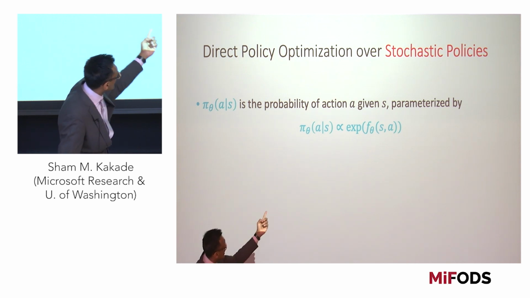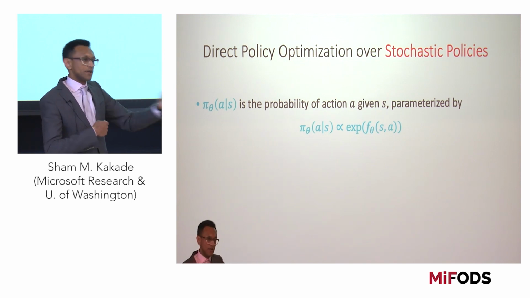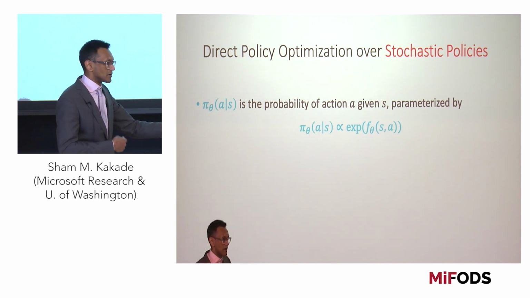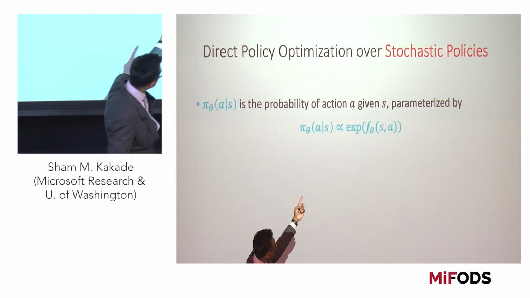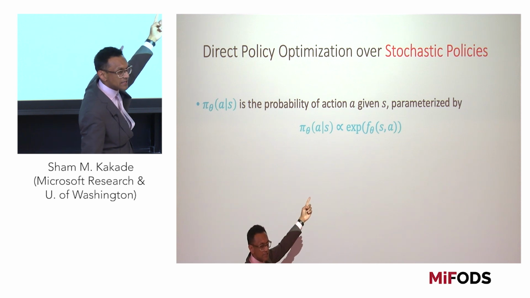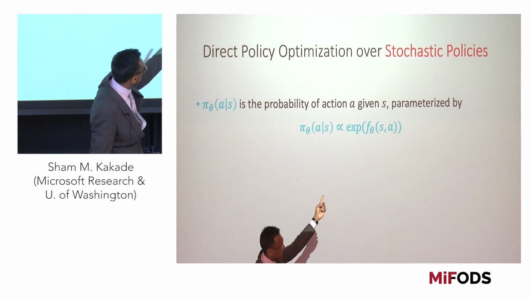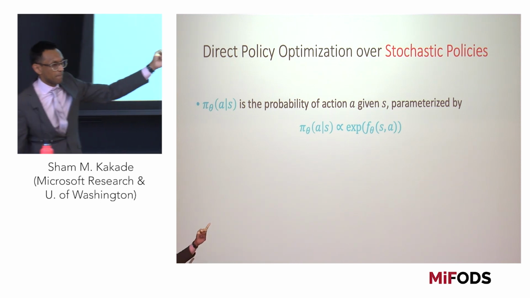By parameterizing it this way, we can take derivatives, and we can estimate these gradients through rollouts. A very natural way to parameterize things is to say the chance of taking action A in state S is proportional to e to some real valued function of S and A.